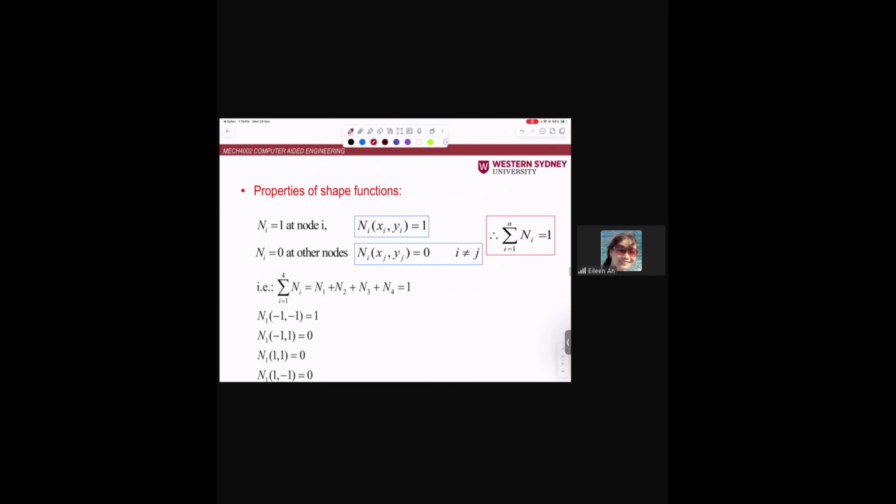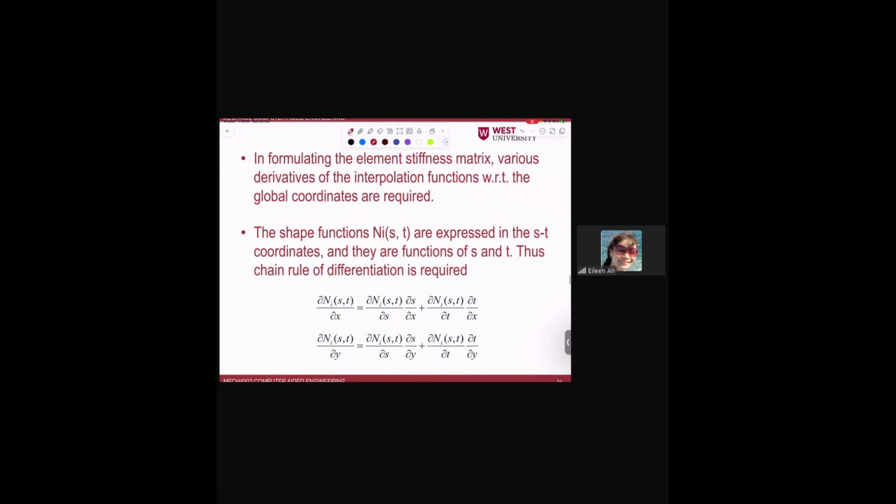We have a certain equation to calculate XY from S and T, and we don't have the reverse equation, right? Okay, but how do we solve this problem? Easy. Let's have a look. Actually, you already completed the numerical method, so I believe you still remember a matrix called the Jacobian matrix.